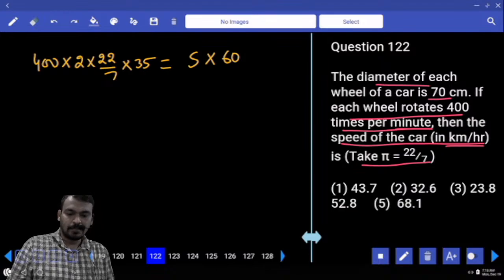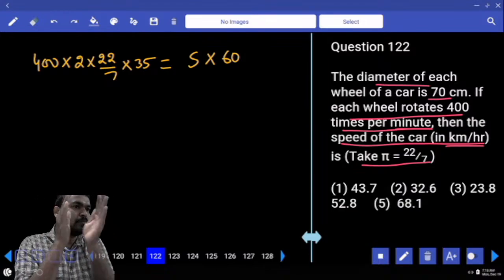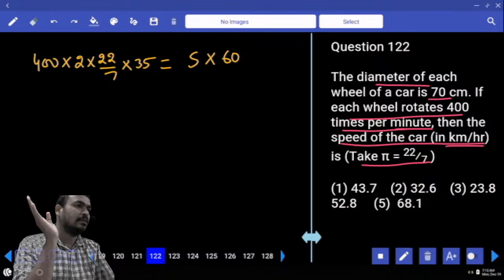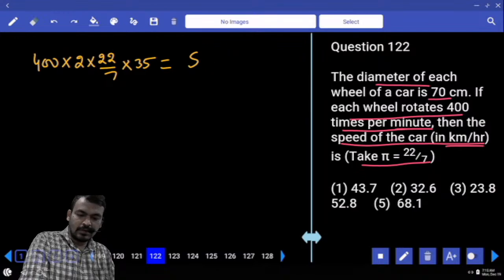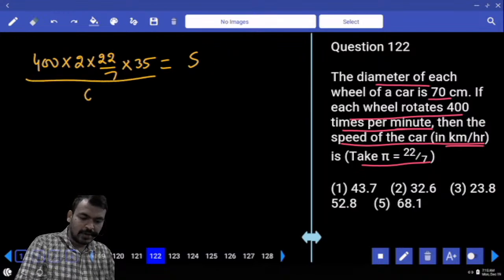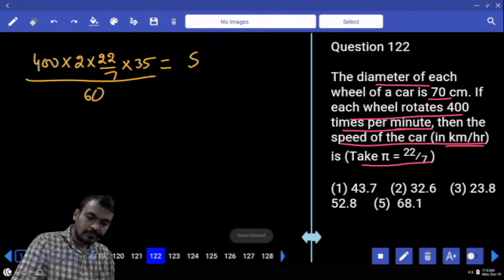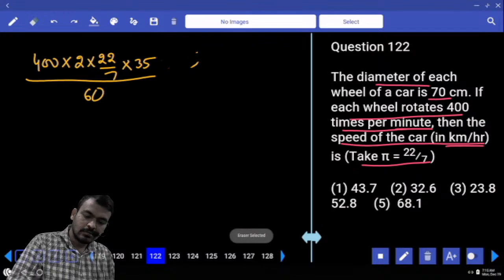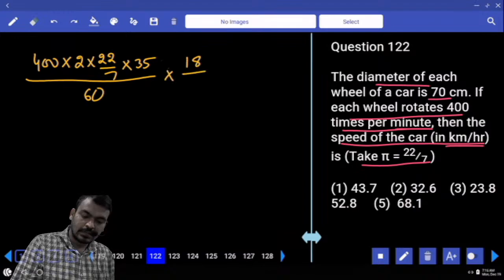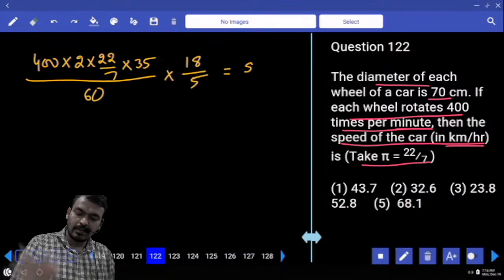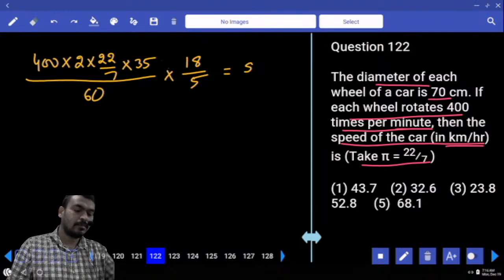On the right-hand side we wrote speed into time, on the left-hand side distance. Both are equal. So left-hand side divided by 60 into 18 by 5 is equal to the speed of the car.